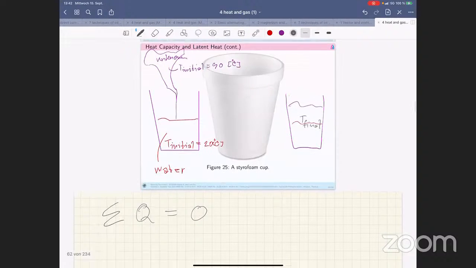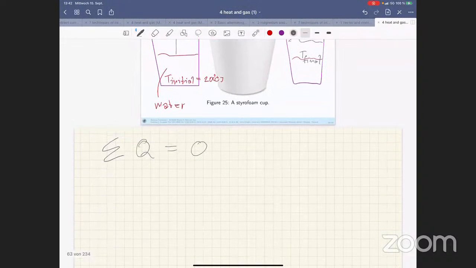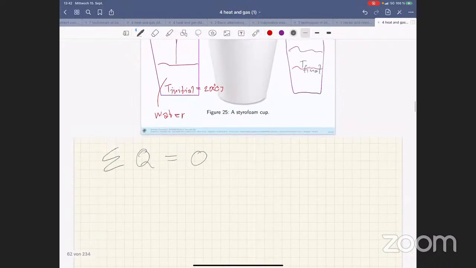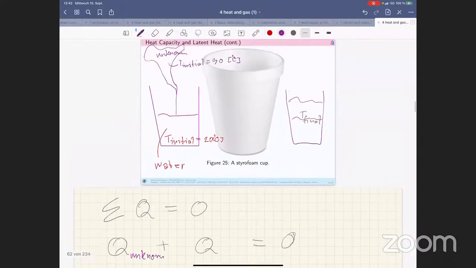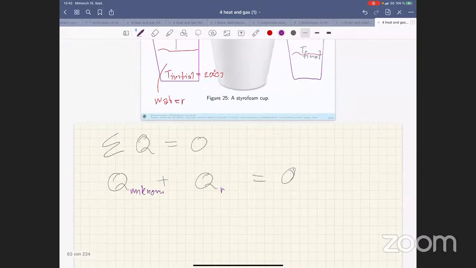Yeah, in this system, the summation of Q remains zero, so we have two heat terms happening in this system. Okay, the first heat and the second heat, and let's say this is zero. The first Q is going to be Q unknown, and the second one is the heat of the water.